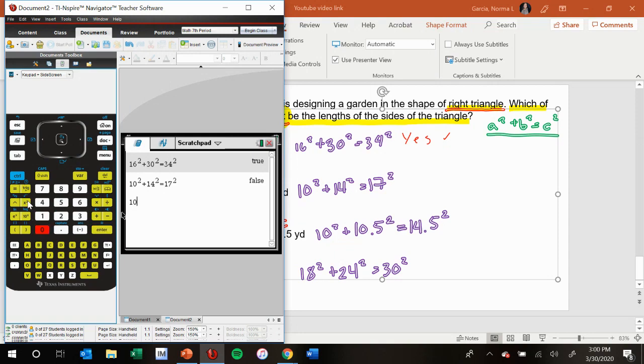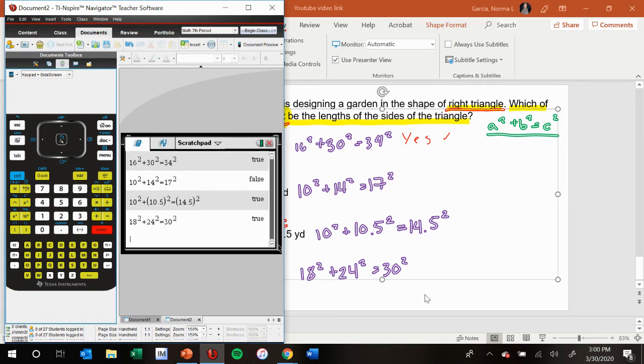I'm going to go ahead and do the rest of these. Equals 14.5 squared. True. 18 squared plus 24 squared equals 30 squared. True.